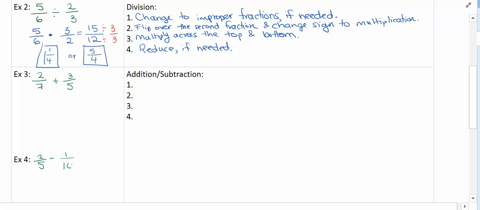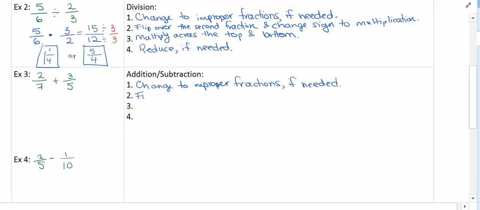Alright, addition and subtraction starts out the same way. You're going to change to improper fractions if needed, and both of these examples don't have that need. The next thing is a little bit different.